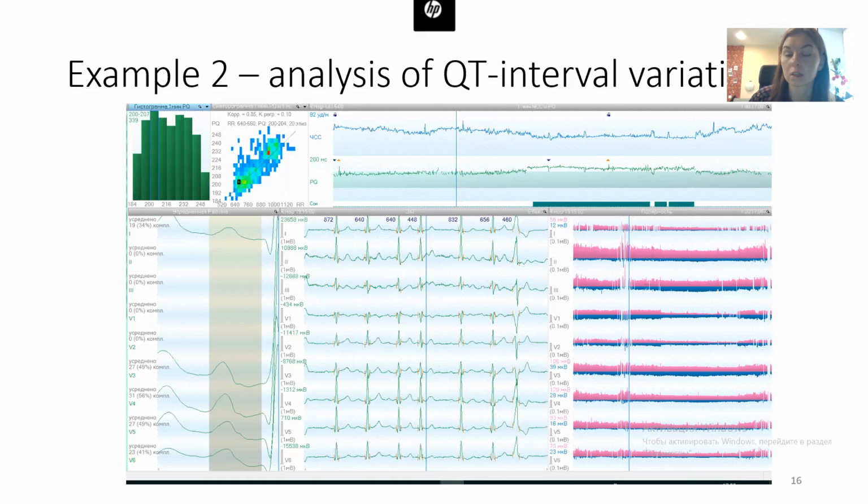So you give your doctor an instrument to analyze this property of the ECG signal.